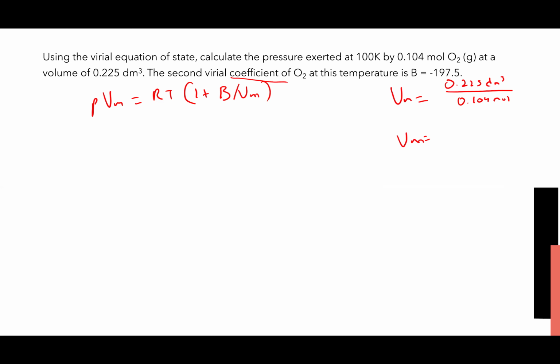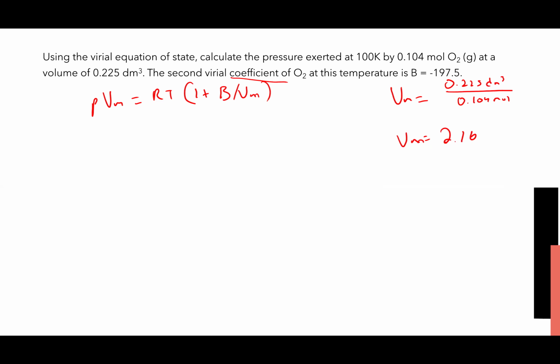Oh, one second, my calculator died. Okay, get out the phone. 0.225 divided by 0.104 gets me 2.16.